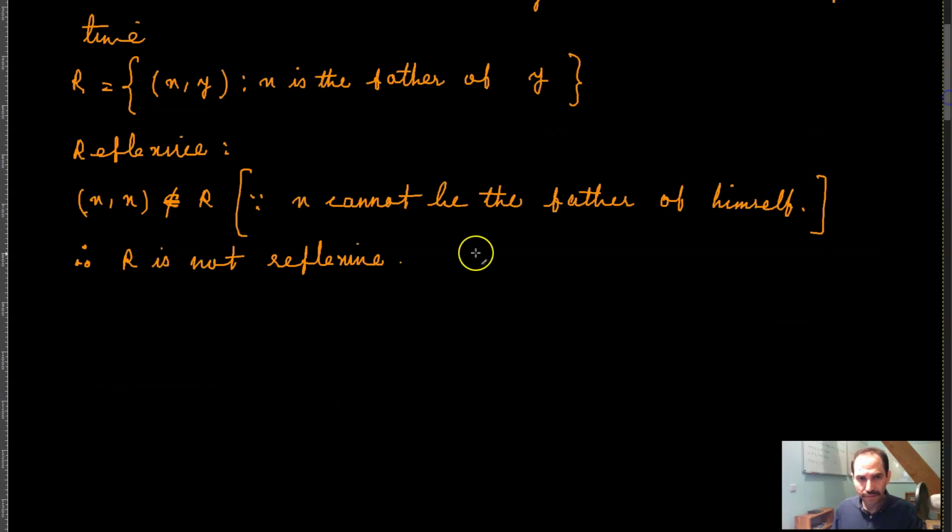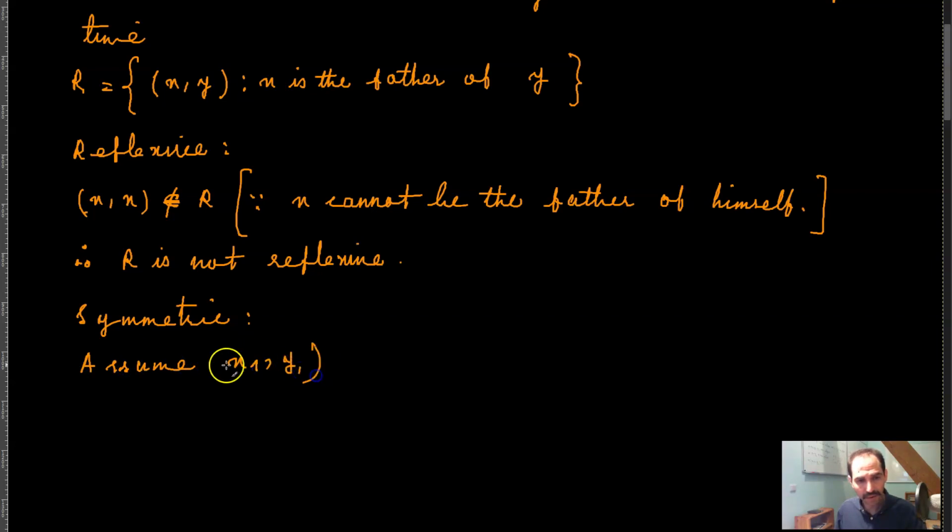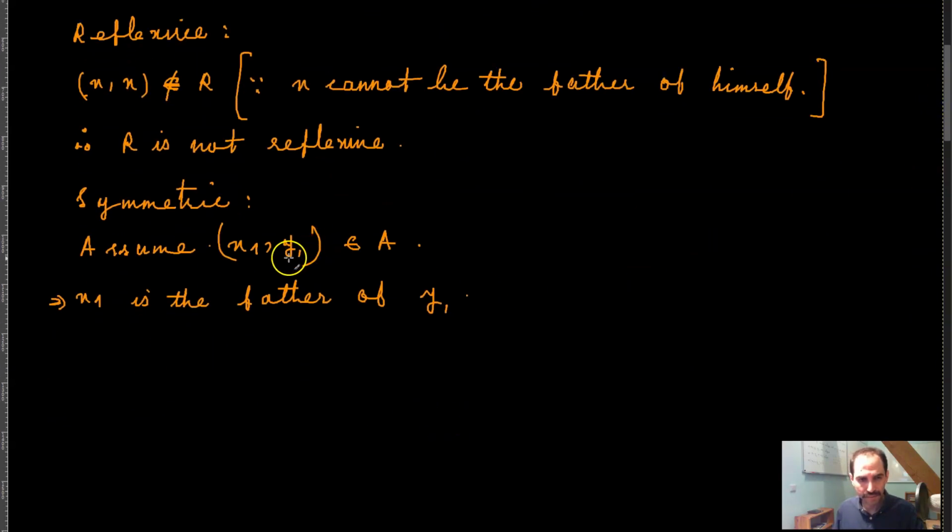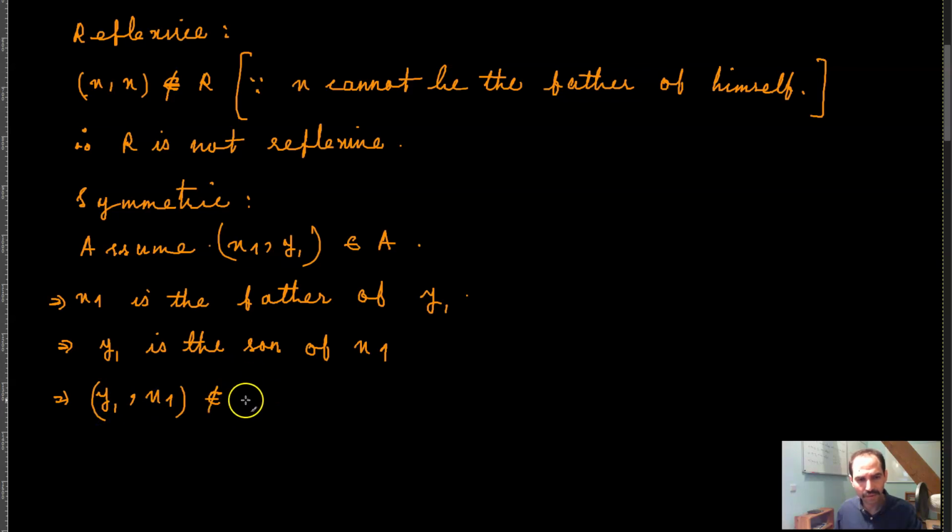Now, if you want to know whether R is symmetric, let's assume that some x1 comma y1 belongs to R, which means that x1 is the father of y1, and that means that y1 is the son of x1, which means that y1 comma x1 cannot belong to R, right?